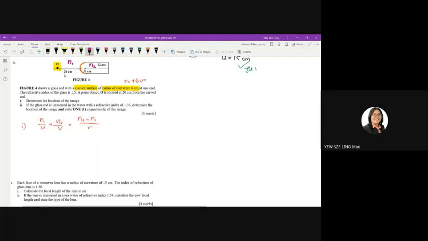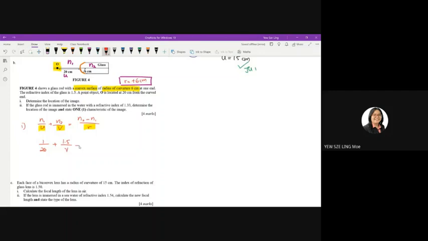All right, so given U is 20 cm, and then R, according to our analysis just now, we got R equals positive 6. So plug in the value, 1 over 20. Now you can leave it in cm, but just make sure all these three, U, V, and R, have the same unit.